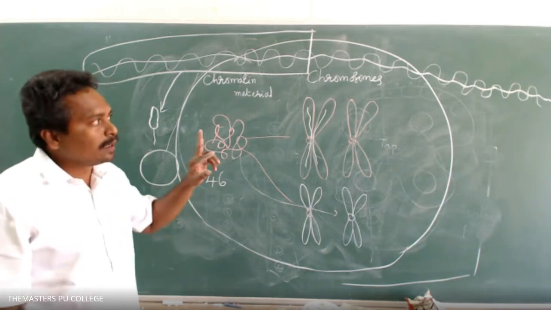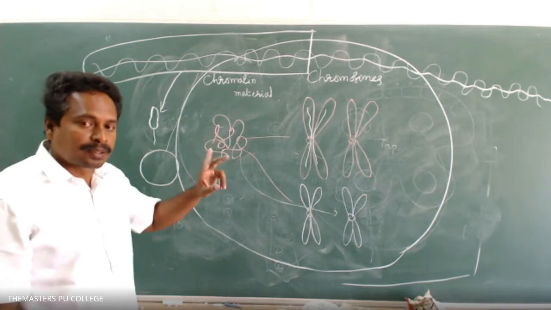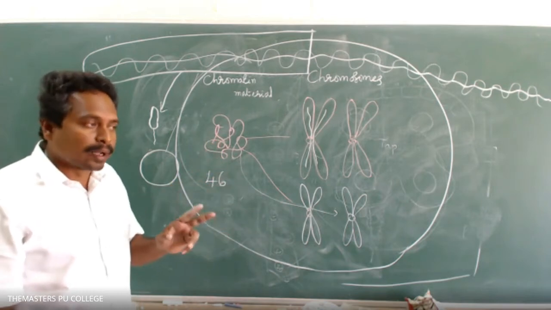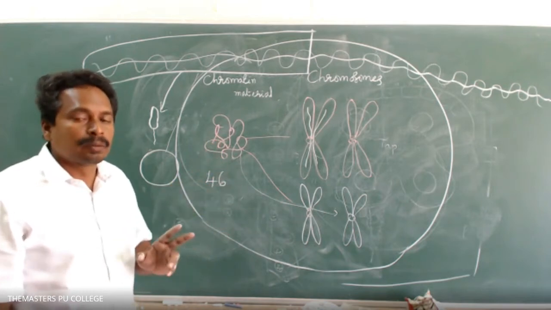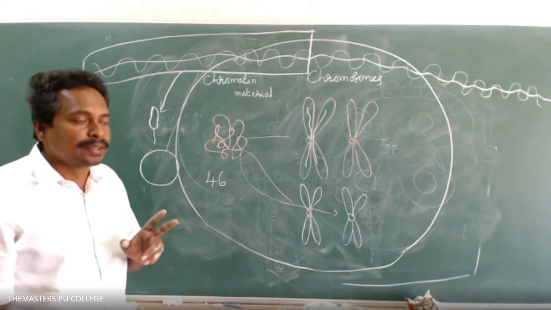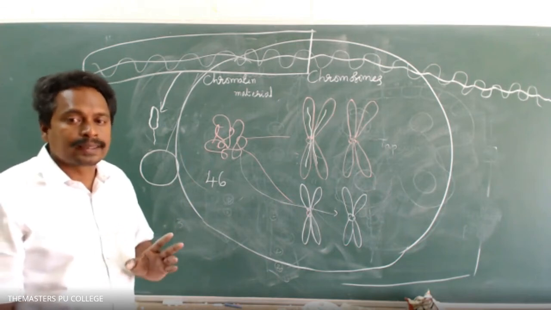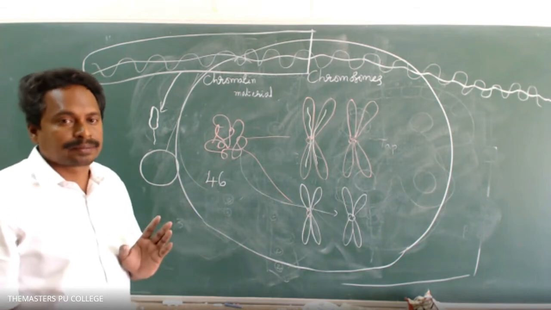So 2 meters long DNA is distributed in 46 chromosomes of diploid cells, whereas in the haploid cells of human beings, the 1 meter long DNA is distributed.